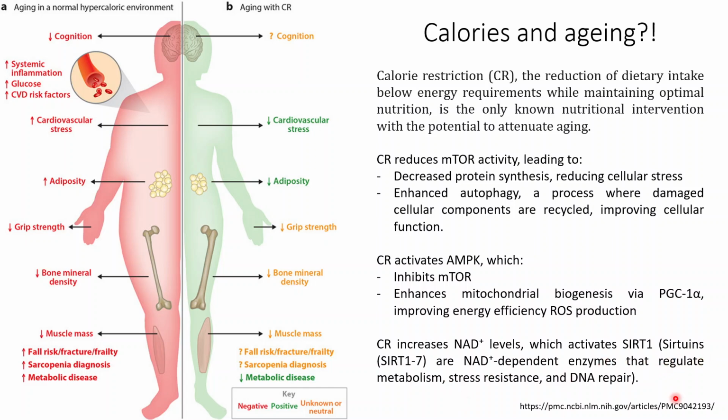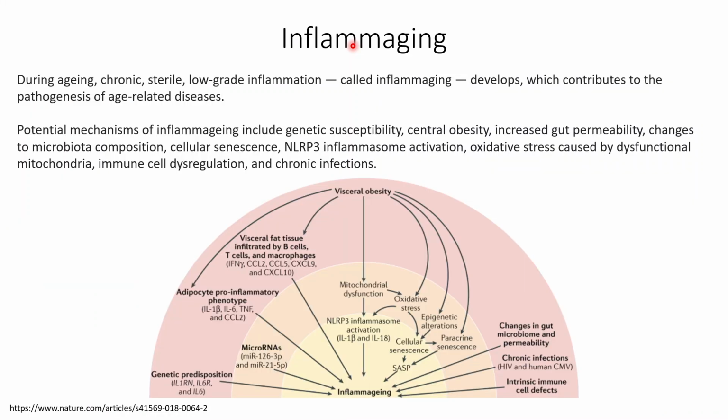And that can regulate, of course, metabolism, stress resistance, and DNA repair. So maybe, when people are aging, if they want to look at the metabolic, sort of molecular side of things, this is one thing that they could try, which is calorie restriction. Of course, under supervision. So it's just an interesting sort of clinical aspect of molecular research.